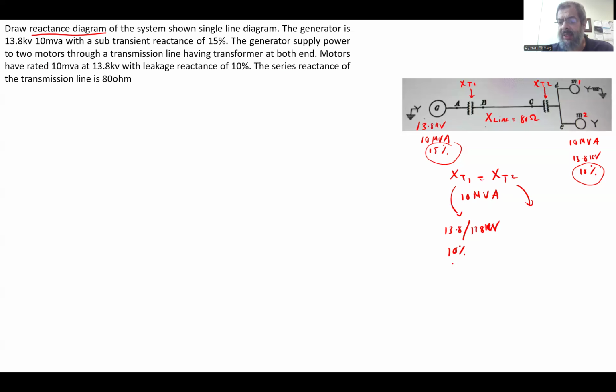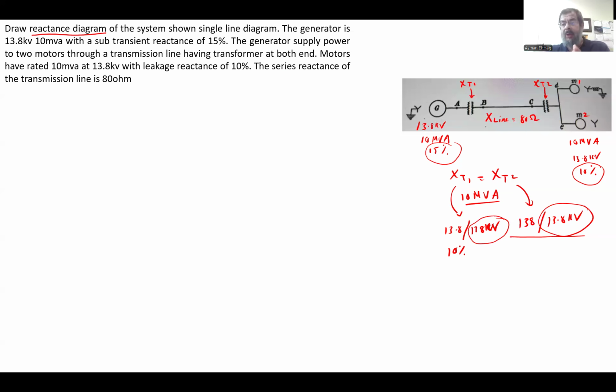XT2 is 10 MVA, 10%, but it is stepped down, 138 by 13.8 kV, because the transformer has to bring the transmission line voltage to 13.8 kV. You could assume anything else, like 13.8 by 220 kV or 130 kV, but it's not really given in the question.